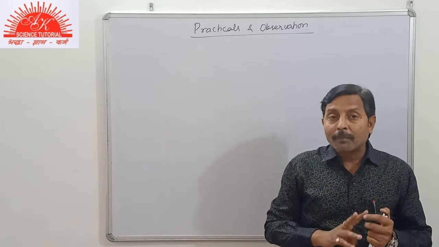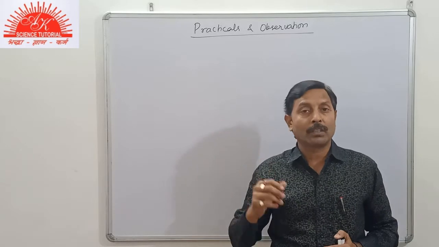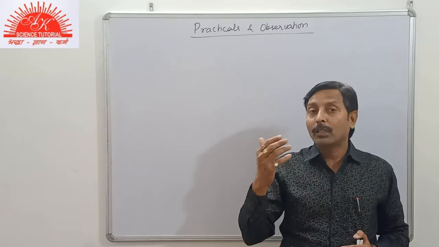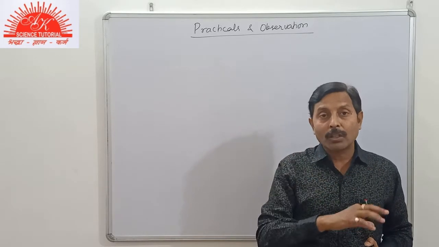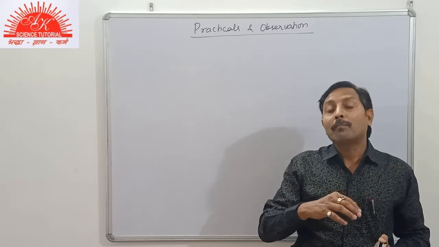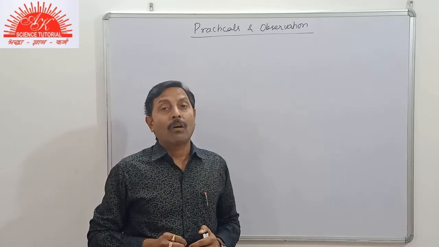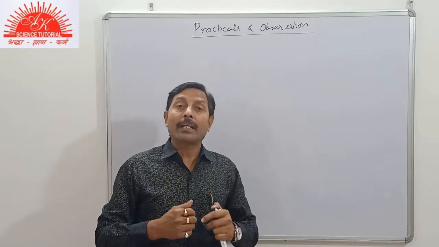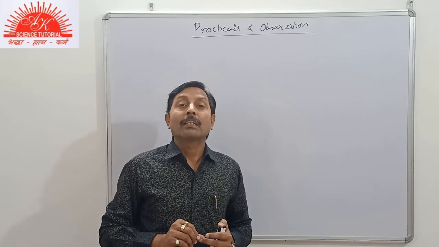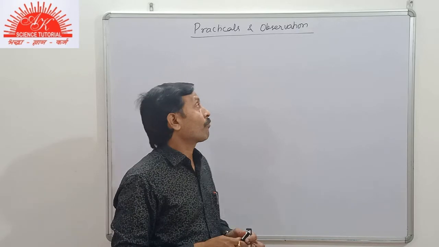Then the observation is written on the basis of the products formed. It may be the evolution of gas, so you will write its observation, which type of gas is evolved, as well as on the basis of the different types of precipitate or the other points, you will identify the anion or cation and write its observation.